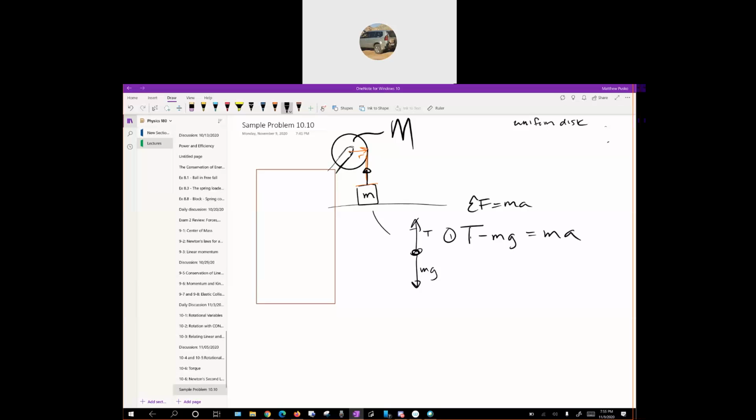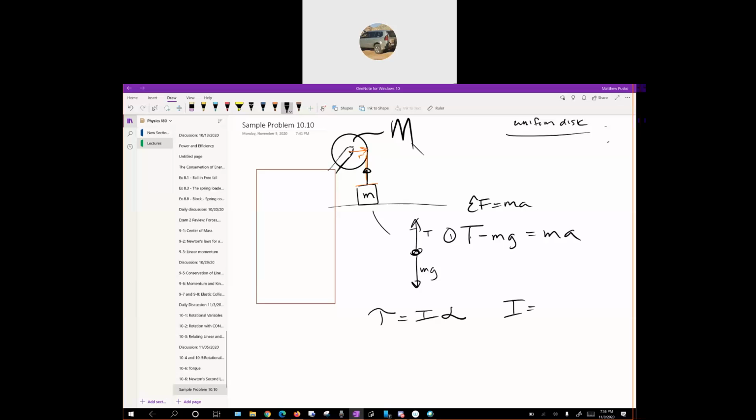And then let's use the new equation for rotations, Newton's second law for rotation, which says that if we have a torque, it's going to equal some I alpha. Now, they didn't give us what I was, but they did tell us the mass in this problem. They said it's a uniform disk, so we can calculate I by looking it up in a table.